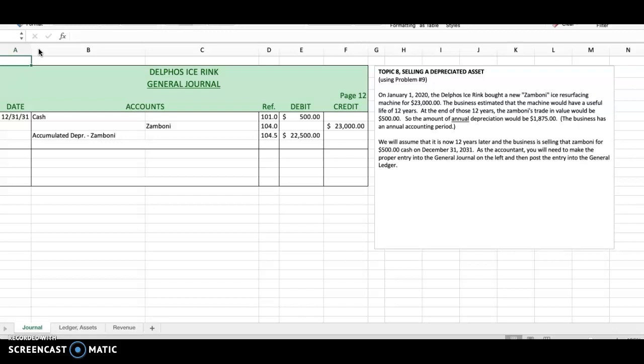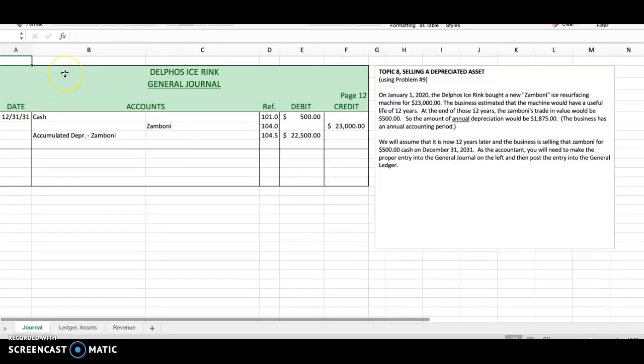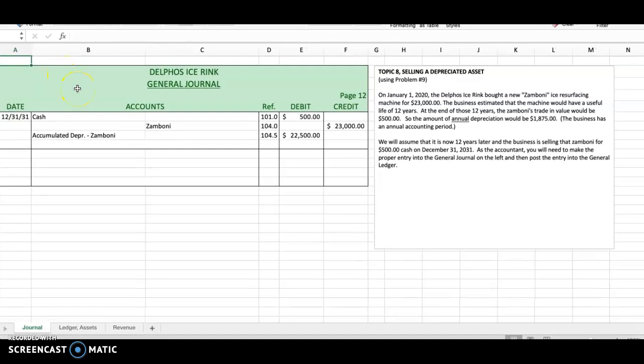So the accumulated depreciation would obviously be different, which means that hopefully the Zamboni is worth more money after 5 or 10 years than it is after 12 years. So those things can change, and that will give you some idea of what you might be getting into when you go to the questions at the end of this video. So at this time, go back to your course page and answer the question after this video.